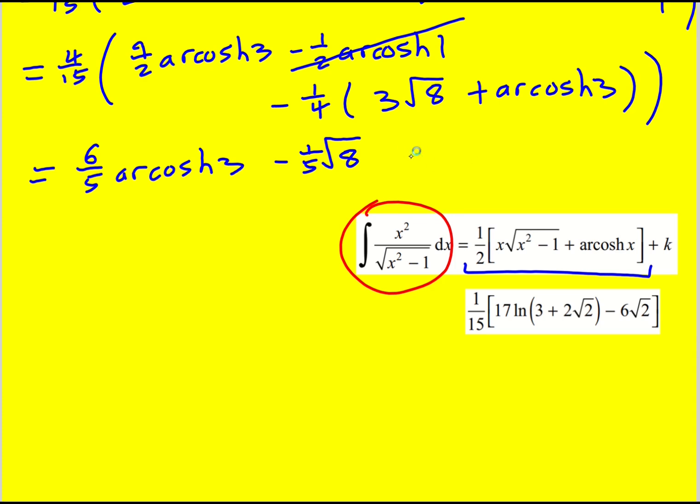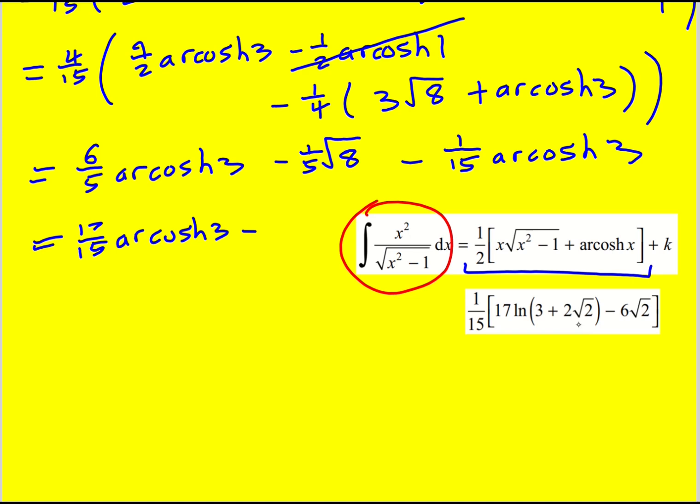And then I'm also going to get minus 1 over 15 arcosh 3. Okay, I'm nearly ready to work out arcosh 3. Let's just do 6 divided by 5 minus 1 over 15. This gives 17 over 15 arcosh 3.